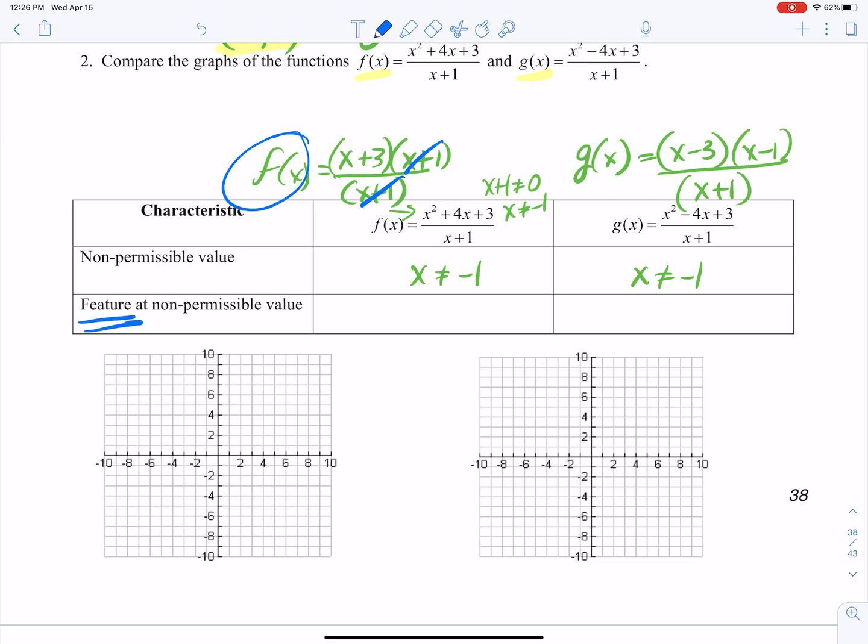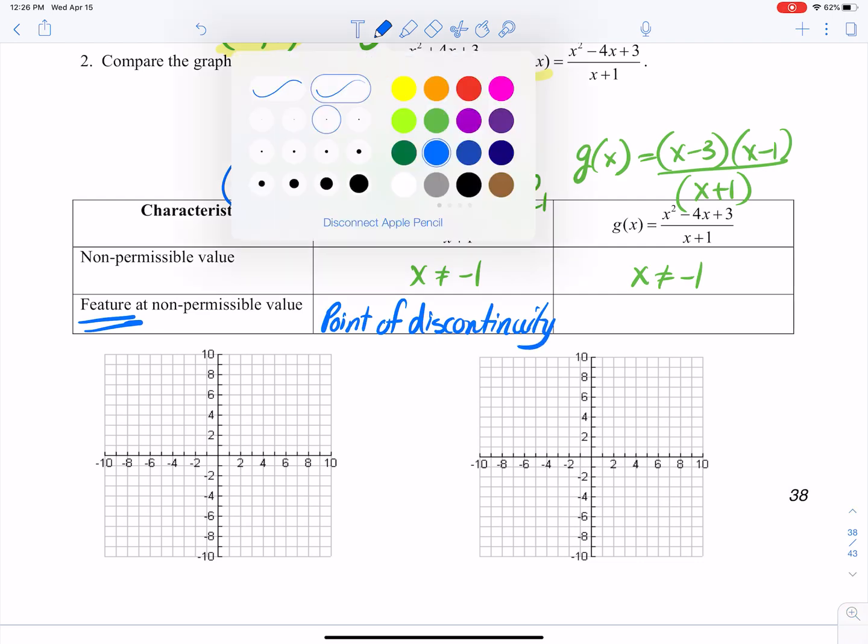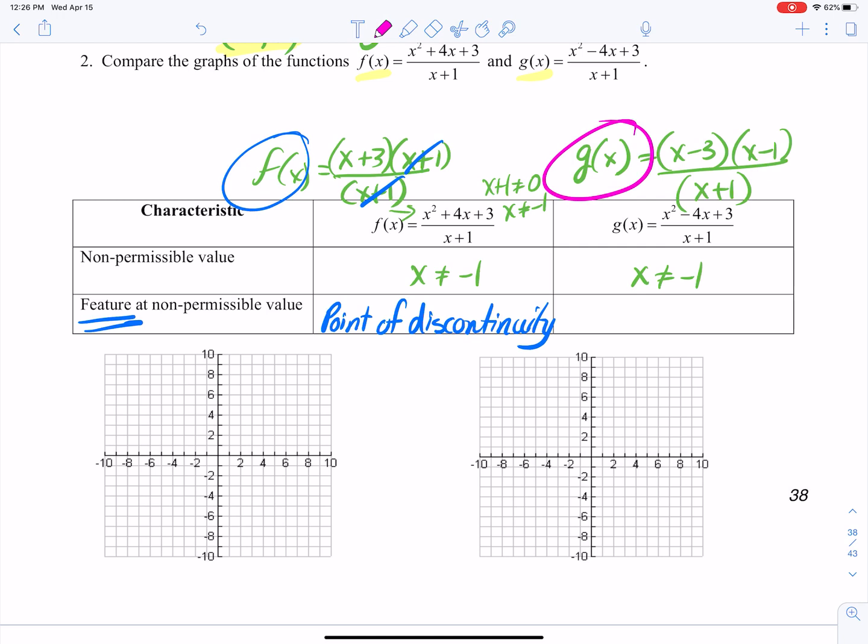So the feature at the non-permissible value is a point of discontinuity, because the factor cancels out. But if I take a look at g at x, there's no factors that cancel out here. So what we have is, we can call it a vertical asymptote.